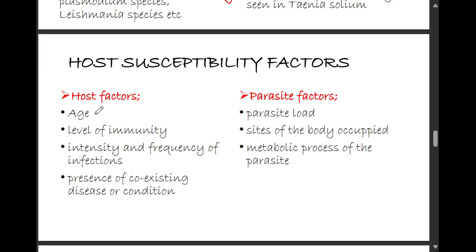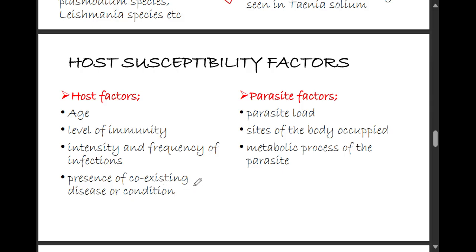You have age, and you have the level of immunity, where the immunity might be natural or acquired. We have intensity and frequency of infections, or the presence of a coexisting disease or condition.